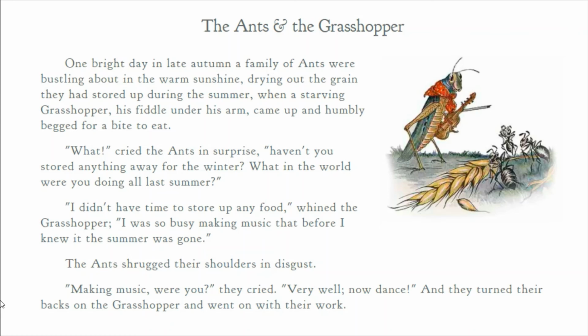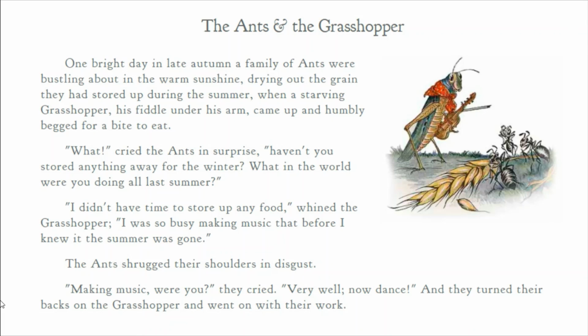So what I need you to do, remember that in order to identify all of the story elements, what is the first thing that you have to do? Yes, the very first thing that you have to do is read the story, right?